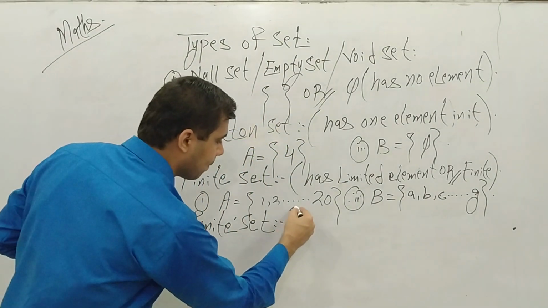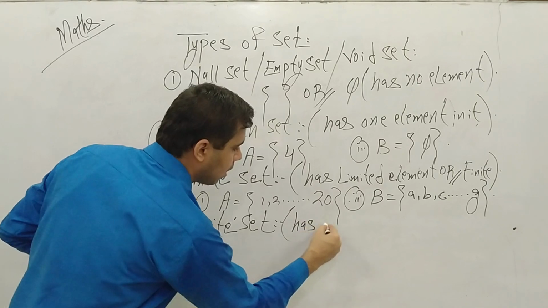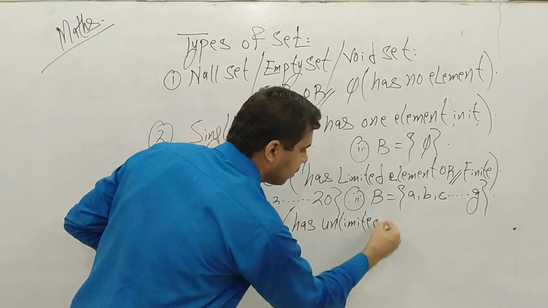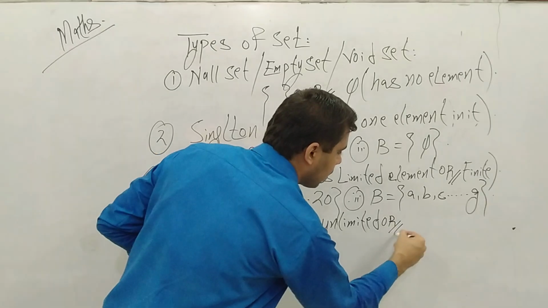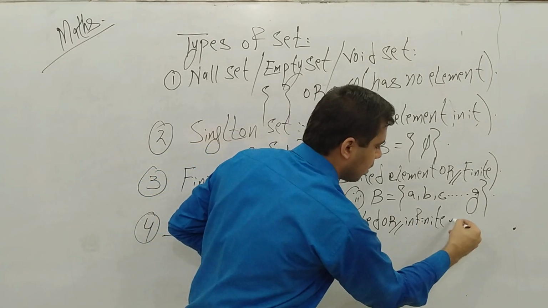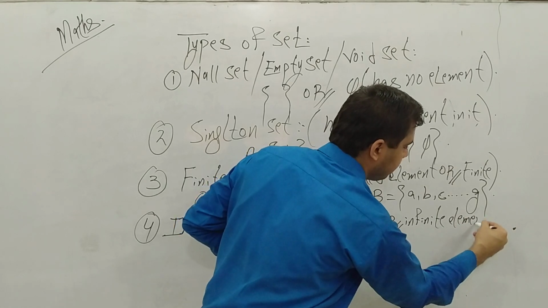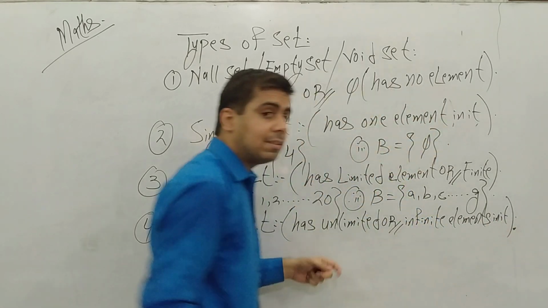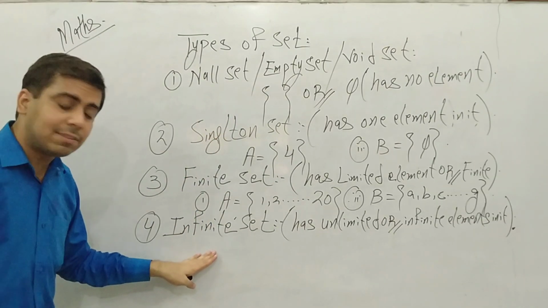It means we can say a set that has unlimited or infinite elements in it is known as your infinite set.